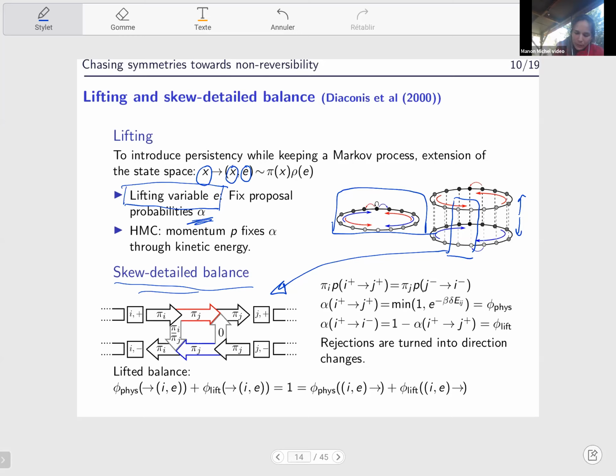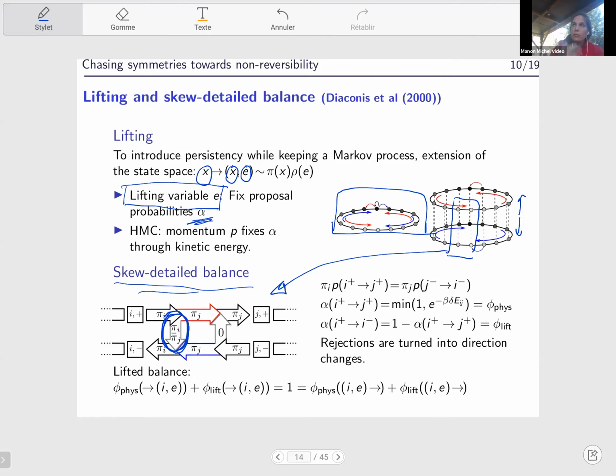Here you can see that the rejection flow that I had is now transformed into a direction change, meaning that I'm updating my lifting variable. So on the existing state space, I now have a rejection-free algorithm, and I'm using the information of the rejection, compared to previous algorithms where, when you have a rejection, you just throw away your computation time.